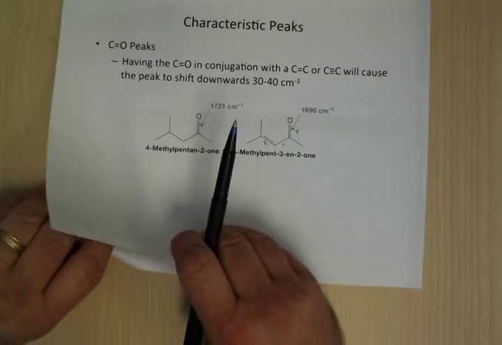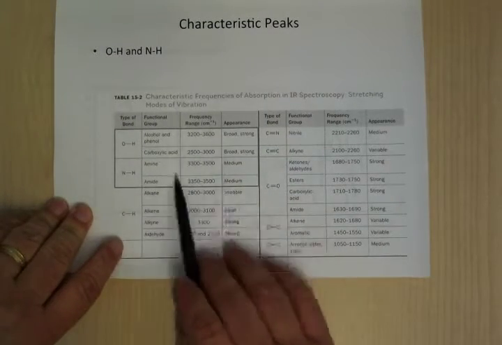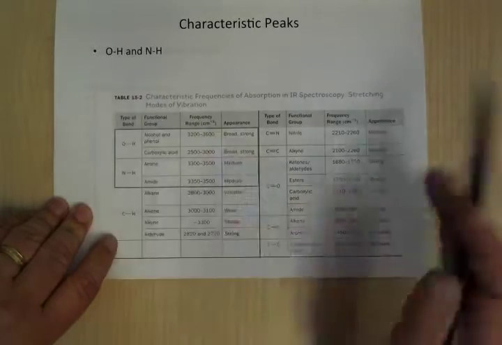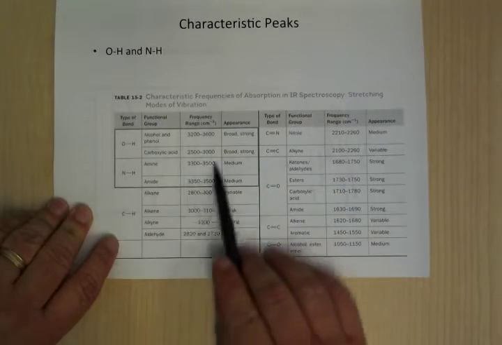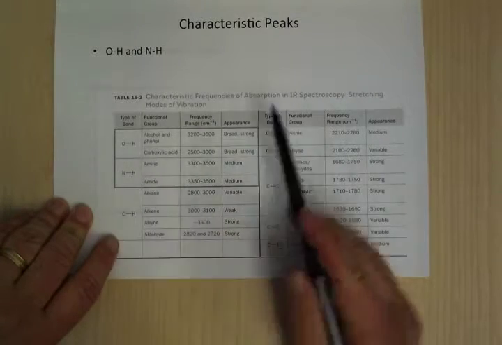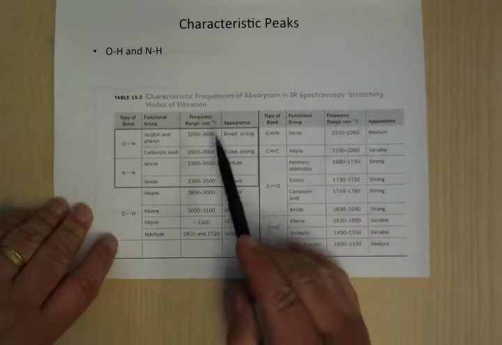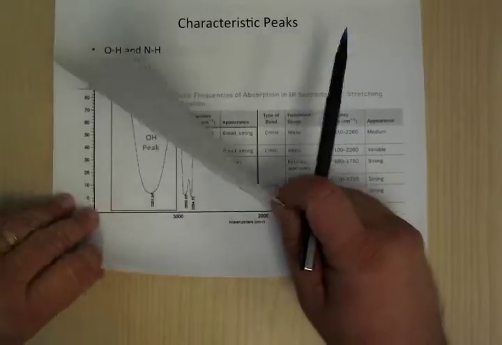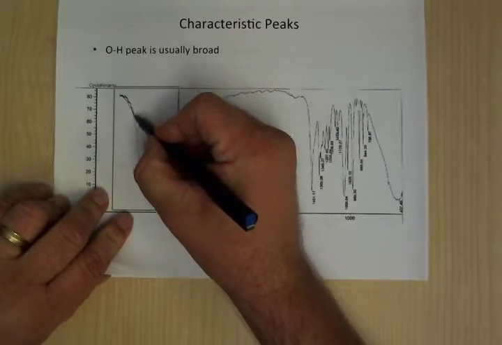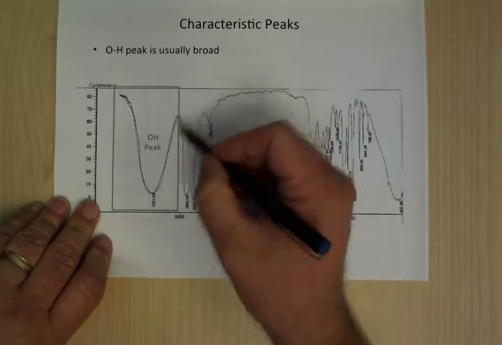Okay. So another characteristic peak are these OH and NH peaks. Okay, so they're right around there. It's something bonded to H. Okay, so it's going to be north of 2500, and they're typically above 3000, except for the carboxylic acid OH, which is a little bit of a lower number. But the thing that you can figure out from the OH is that an OH is typically this broad peak here, okay, which is not great because if your sample's wet, you're going to have that in there.